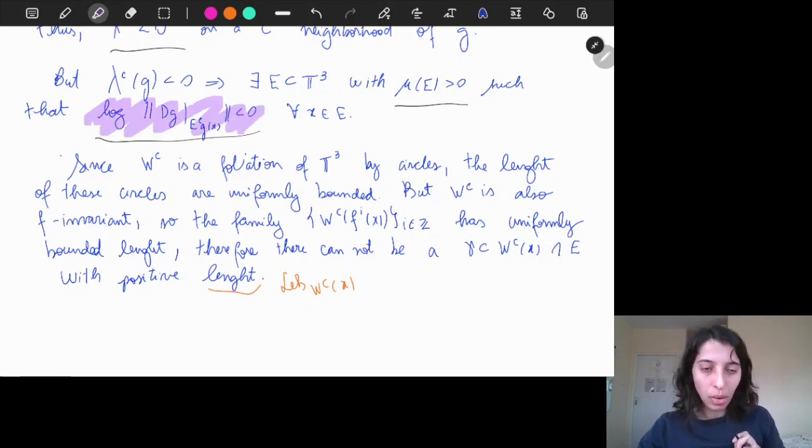So if the integral of something is negative, this something should be negative on a positive volume set.